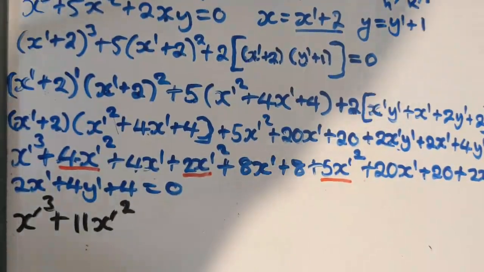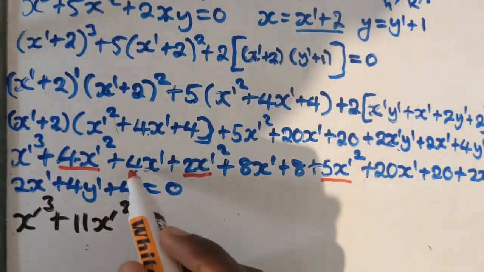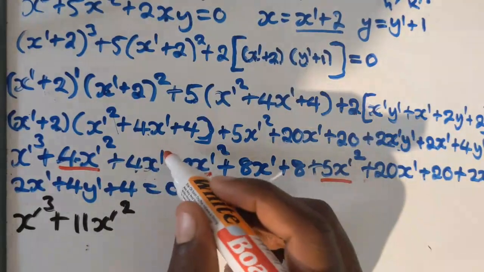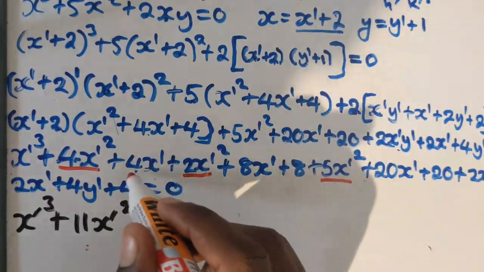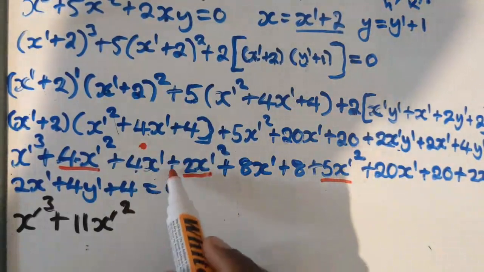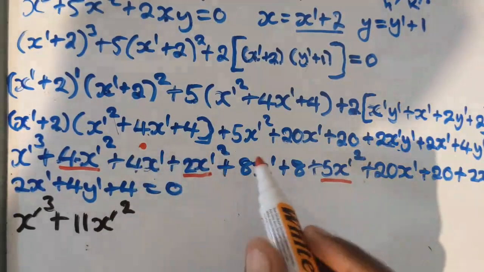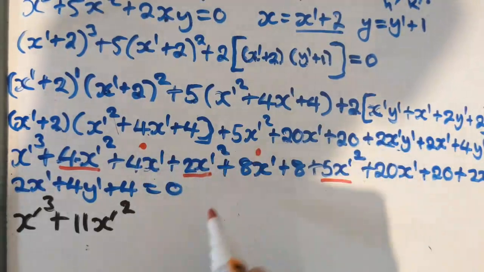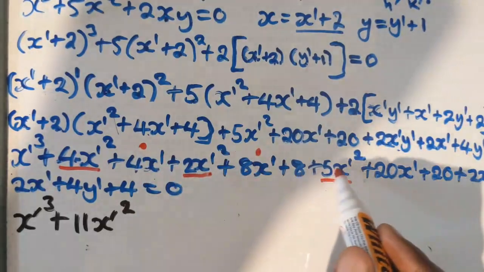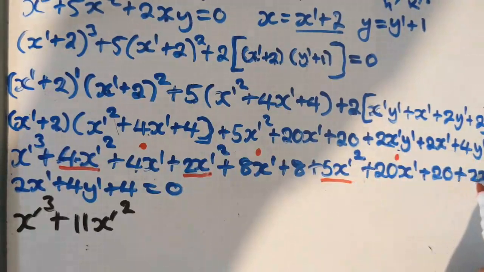So let's look at those that have x prime. So those that have x prime, there is 4x prime. Okay, so we have this here, 4x prime, then it is just 4x prime. Then we have this, which is just 2x prime, this is 2xy prime.